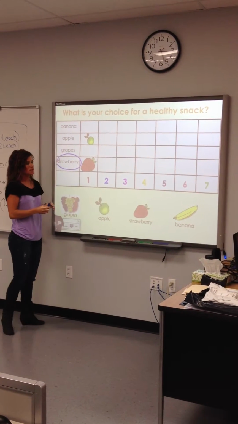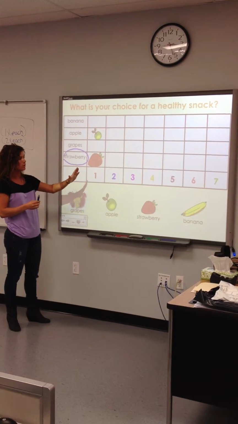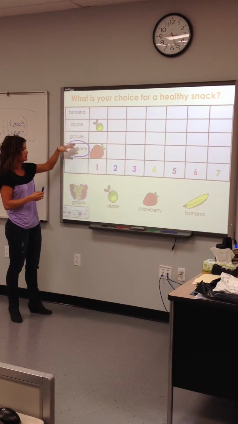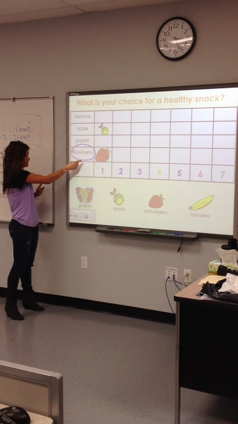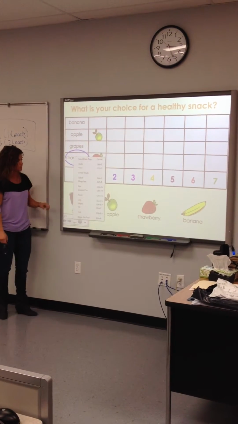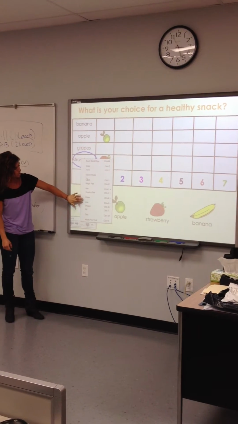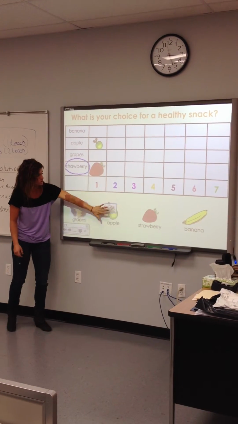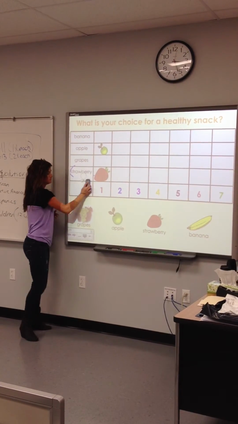We could also discuss more than or less than. How many more did this fruit have than this fruit, and so on. You place the pin back. In order to erase, if you want to, you would push the dots. You can push select. We're going to push eraser, choose our eraser and erase it.